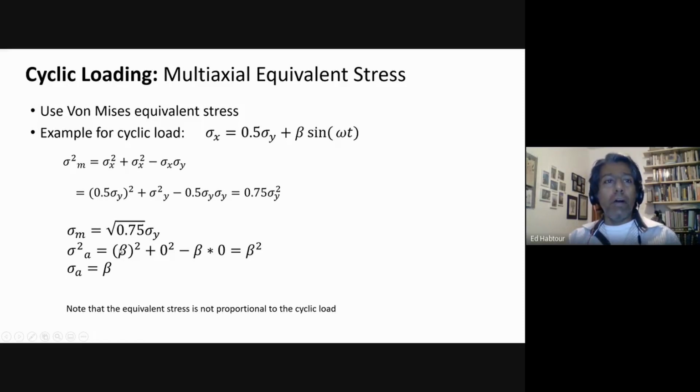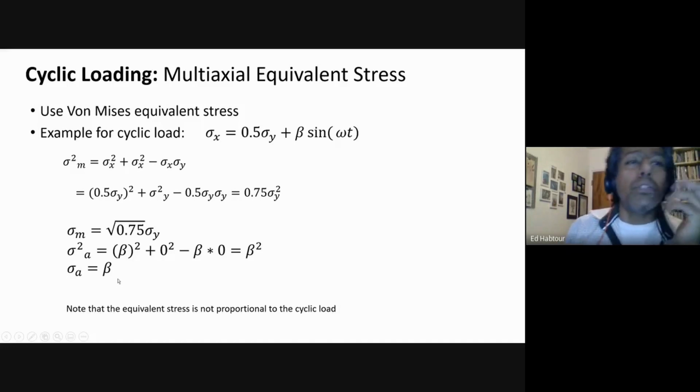And I plugged all of it in here. If I have my y equal to 0, then my amplitude is equal to beta.